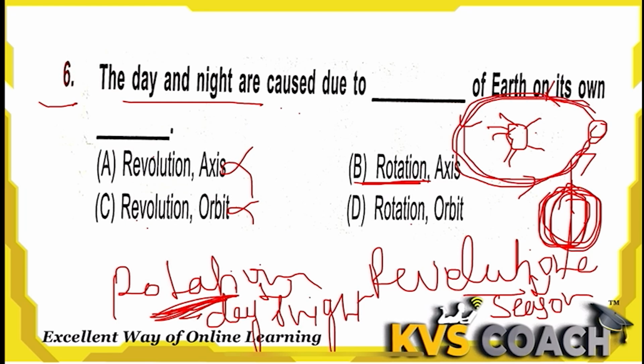In different orbits, planets revolve around the sun. But rotation is done around the axis of the earth. So axis is the answer for day and night. Rotation and axis. Orbit comes with revolution only. So option B is the right answer.